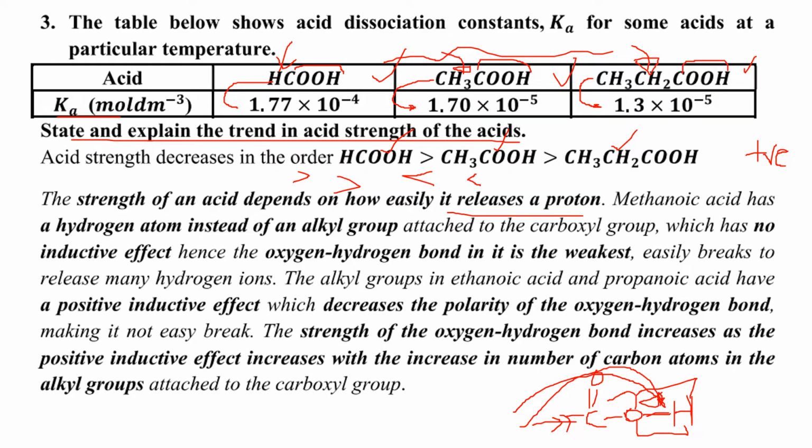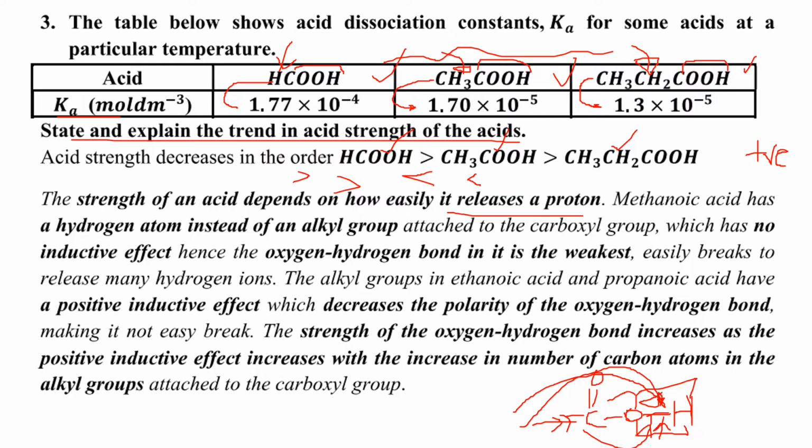So that means propanoic acid is going to be weaker than methanoic acid or ethanoic acid, because in propanoic acid, the carbon atoms will provide more electrons. The more they provide electrons to this bond, the stronger this bond gets.